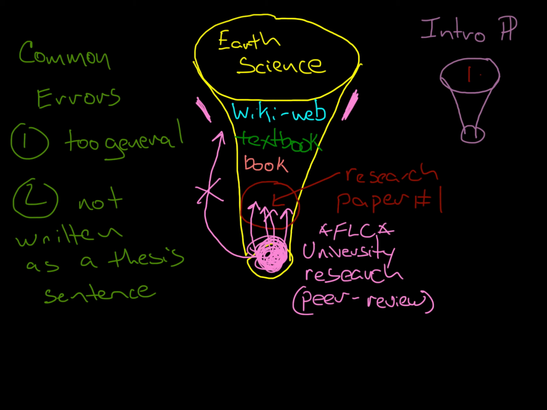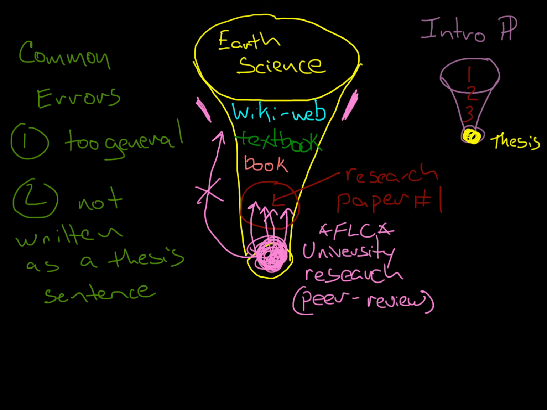So you might have your first sentence be something very general about mass wasting and its involvement in the rock cycle and how that moves sediments and soil around. And then you can get more specific in your second sentence, and then more specific in your third sentence, and then perhaps by your fourth or your final sentence is where you're going to have your thesis.